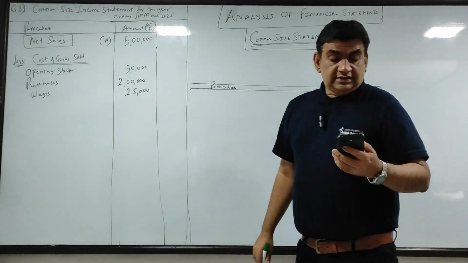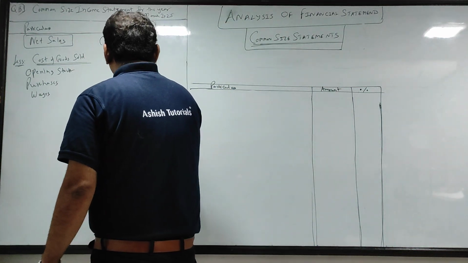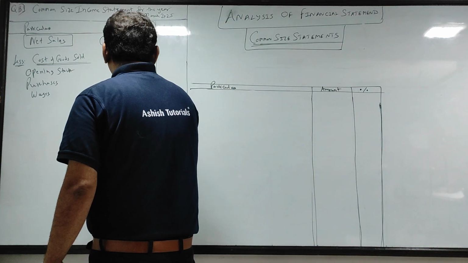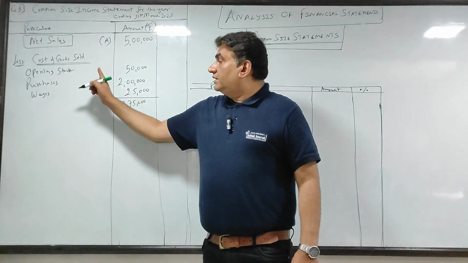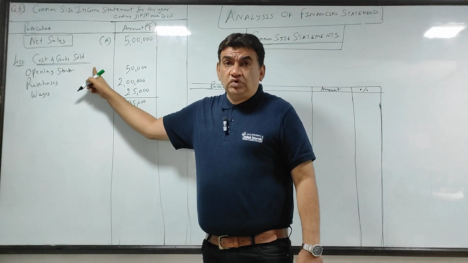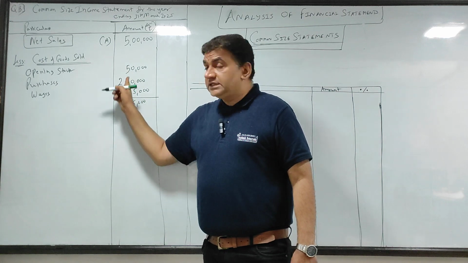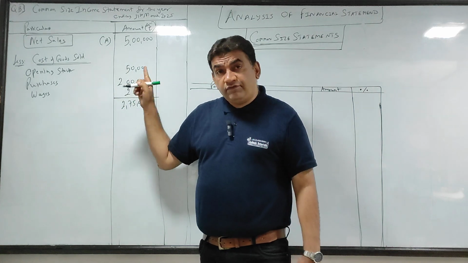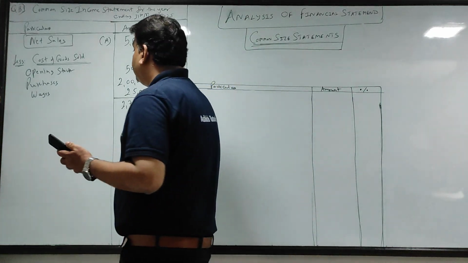Take the total in the same column. 250 and 25, 275. Now remember, our heading is cost of goods sold. This is not cost of goods sold. This is the total of the debit side. From this, I will deduct closing stock. That will give me cost of goods sold.